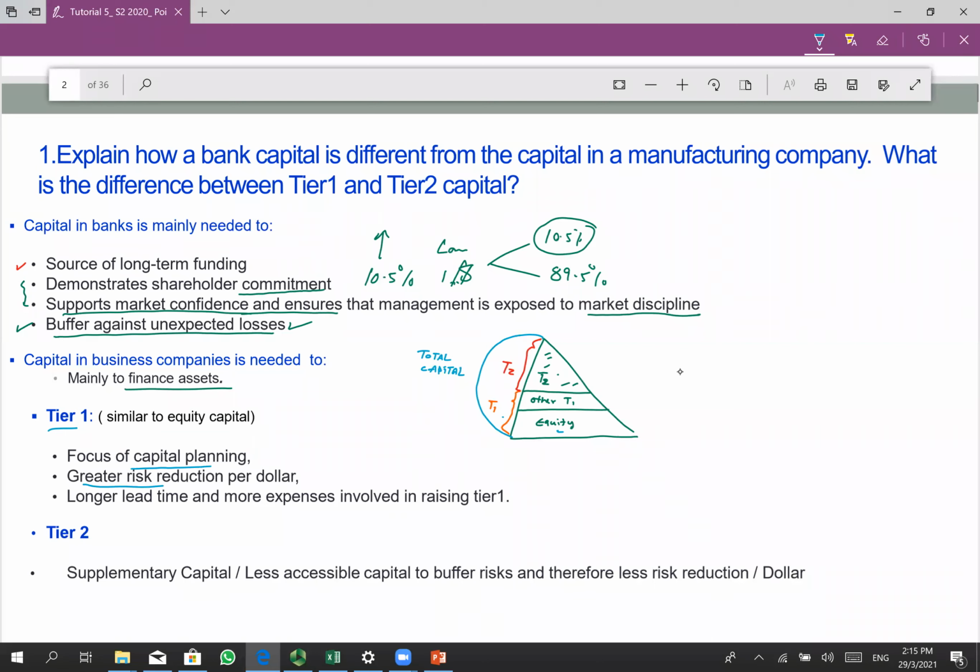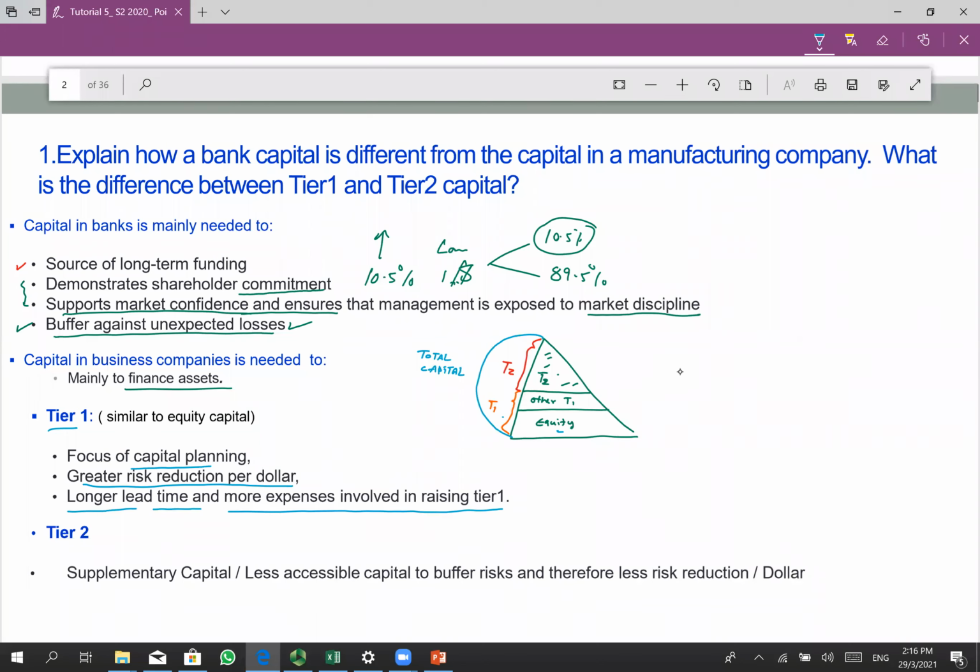So tier 1, which is this area, is the focus in capital planning. It has greater risk reduction per dollar because you can access it easily. It has a long lead time and more expense involved in raising tier 1. So they stay here like equity for a longer time. Tier 2 can be some type of debt that can be changed to equities, or some types of provisions that can be used.